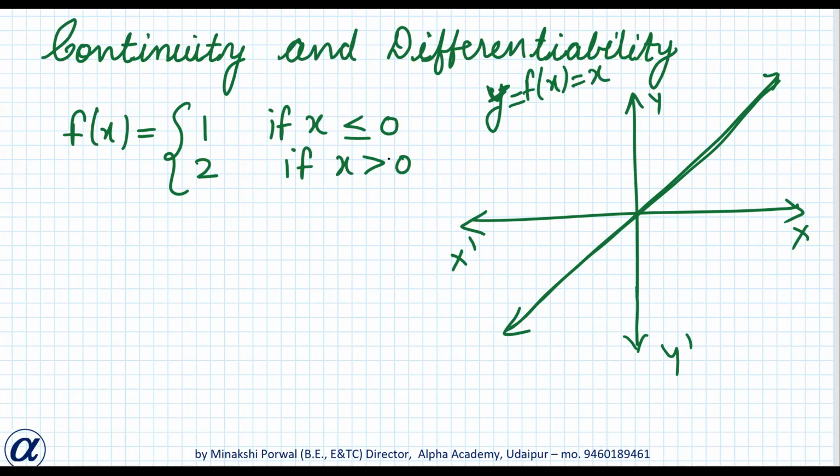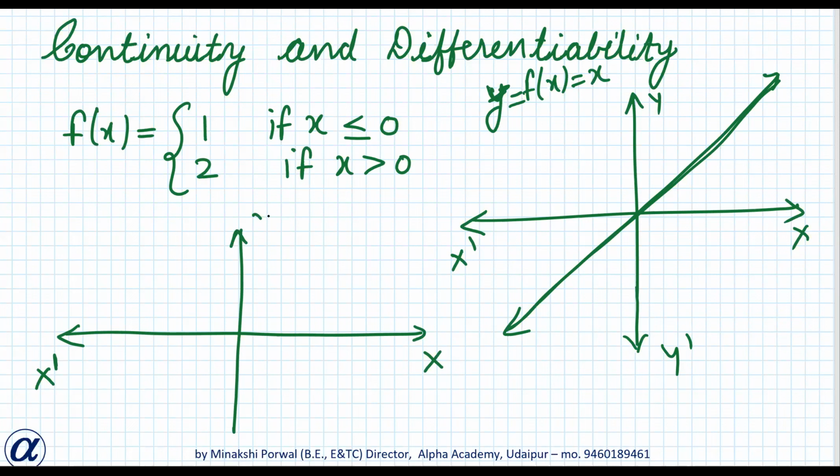Now if we plot the graph for this function, the value of x will vary over all real numbers. X can vary from here to here. Now it is said that when x is less than 0, the value of the function is 1. That means x less than 0 refers to this region.